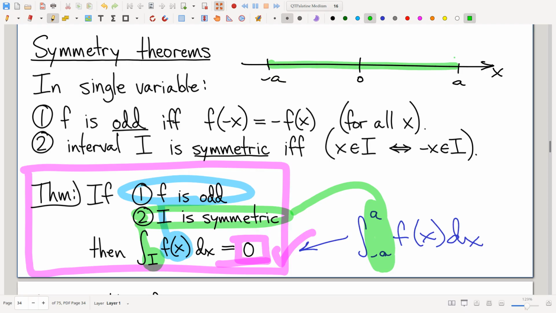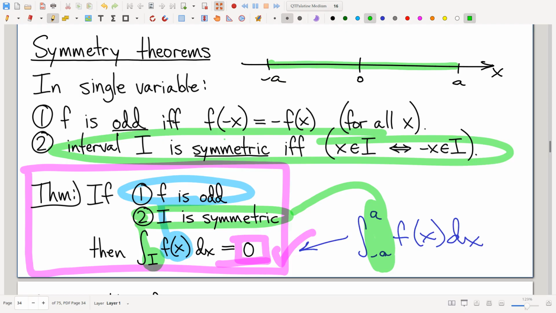Reflecting it over the origin, you get the exact same interval back. This interval is its own reflection. Does that make sense? So that's what we mean by a symmetric interval. You can say it as: if a point is in the interval, then its reflection is in the interval. Take your pick.